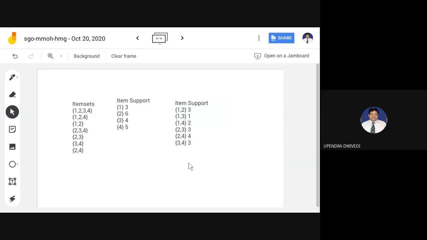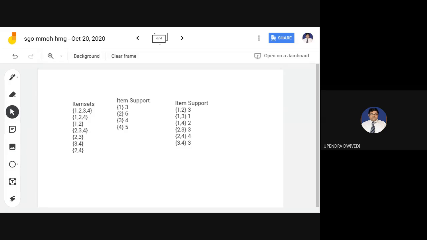So you can see here that 1 comma 2, is it visible, guys? Jamboard is visible to everyone. Jamboard is visible to everyone.